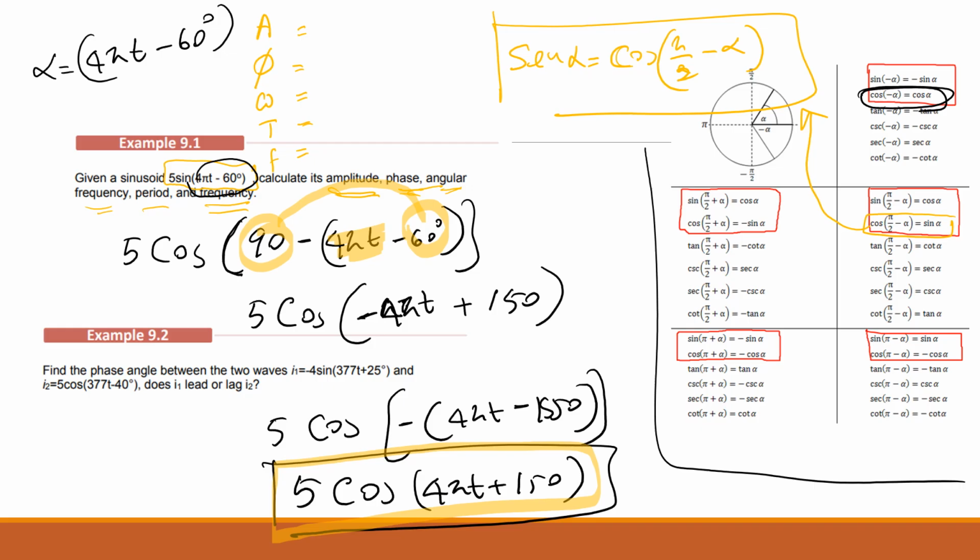No? Okay, so let me explain again. You are asking why you can't add pi over 2 and 4 pi t together?